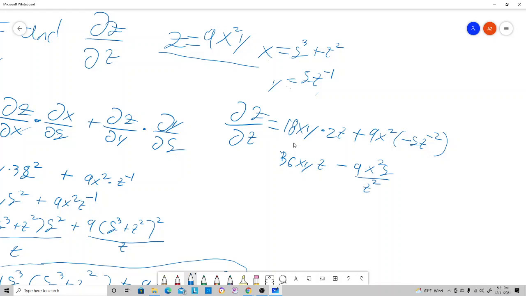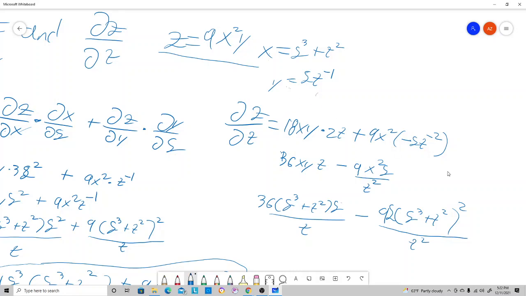Okay, so now we can make substitutions. So this 36 with the x will be s to the third plus t to the second, and then y would be s t to the negative 1, minus 9. We just have to substitute one thing, so for the x squared, s to the third plus t to the second, squared, with the s right here, and then the t squared.